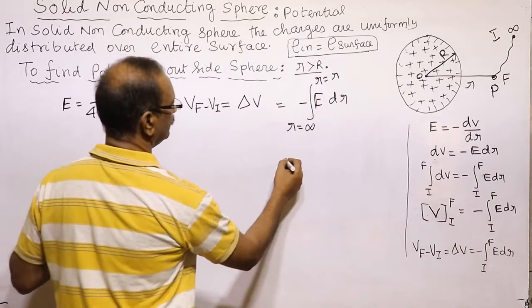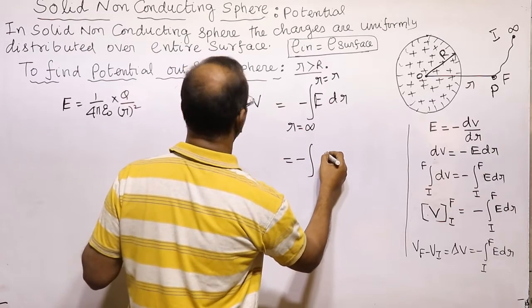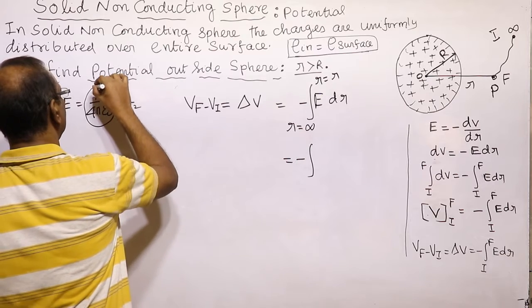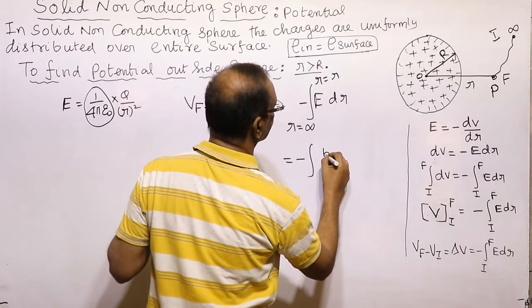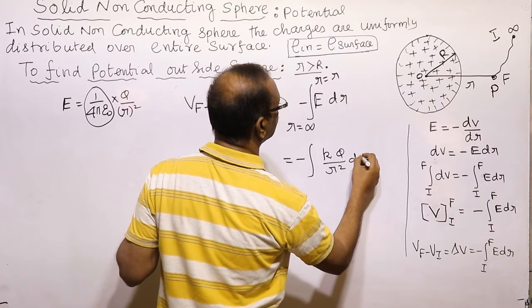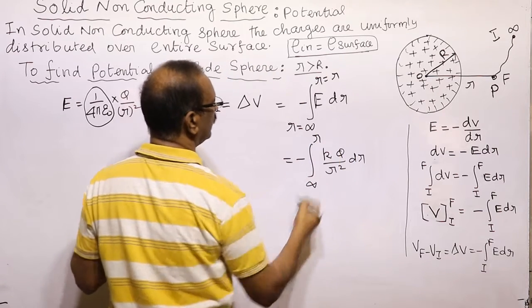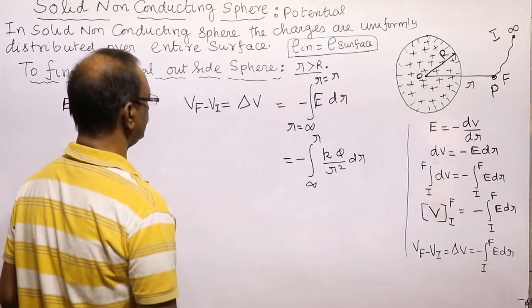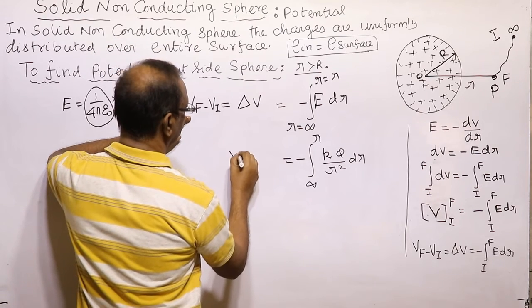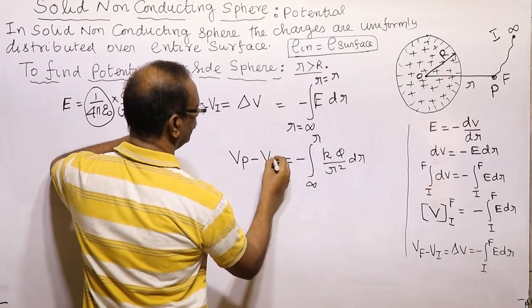So we can write the change in potential as minus the integral of E, and in place of E we can write K Q divided by r squared into dr. The limits are from infinity up to r, where we are bringing the charge. The final potential is the potential at P, and the initial potential is V at infinity.